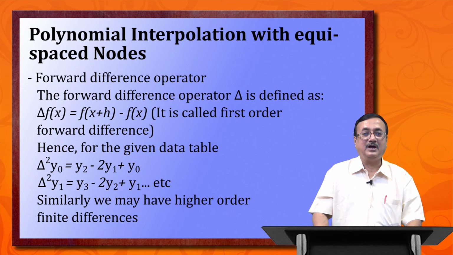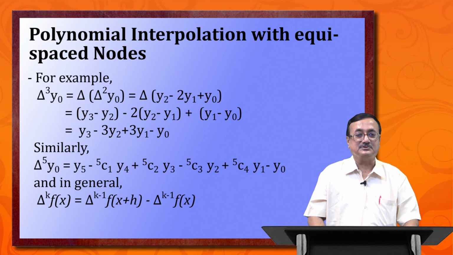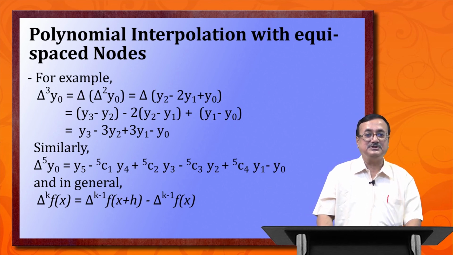Similarly, we may have higher order finite differences. For example, delta 3 y0 gives us y3 minus 3y2 plus 3y1 minus y0. Note the coefficients 1, minus 3, plus 3, minus 1.